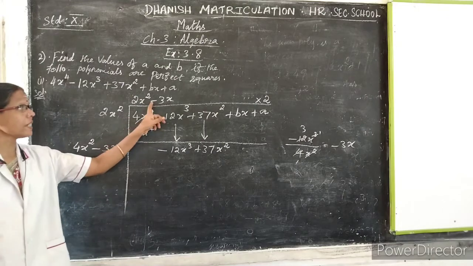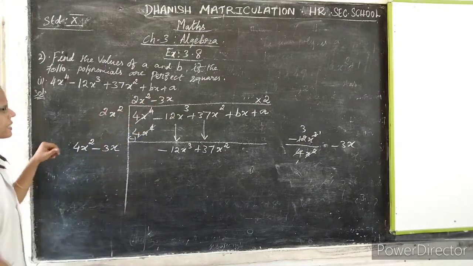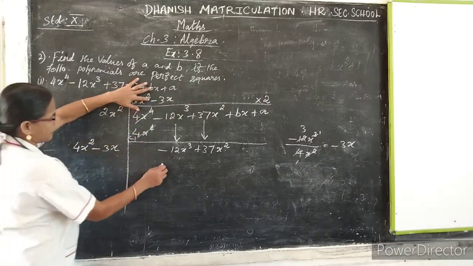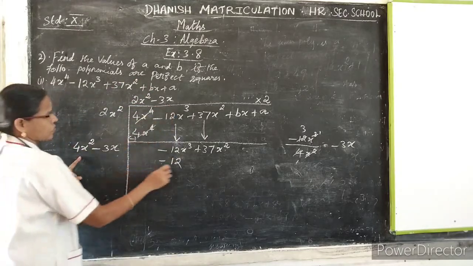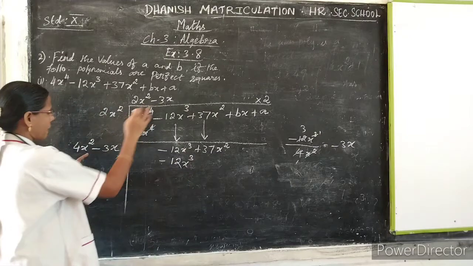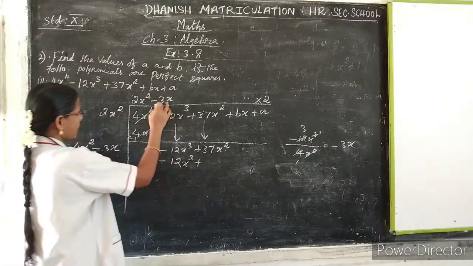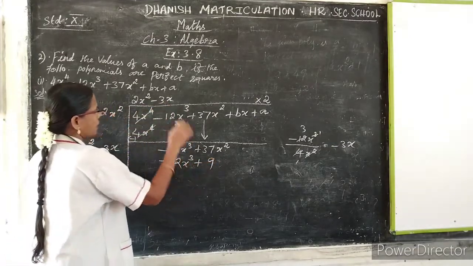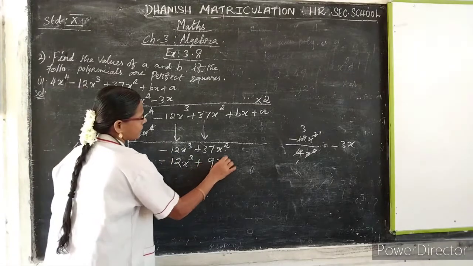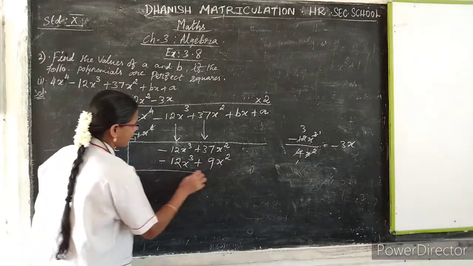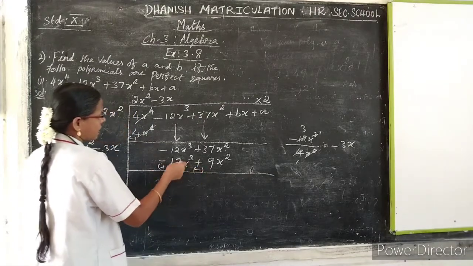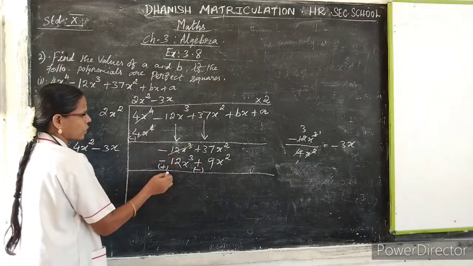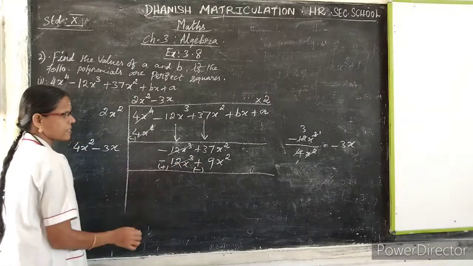Multiply these two terms by this -3x. So minus into plus is minus, 3 4s are 12, x into x^2 is x^3. Minus into minus is plus, 3 3s are 9, x into x^2. Now change the sign. Here plus, here minus. This -12x^3 and +12x^3 get cancelled.